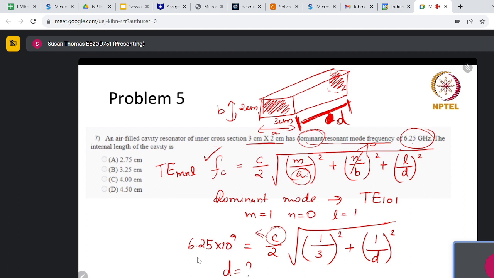Please take care of that here also. c value in centimeters per second. When you get the answers, please type in the chat.